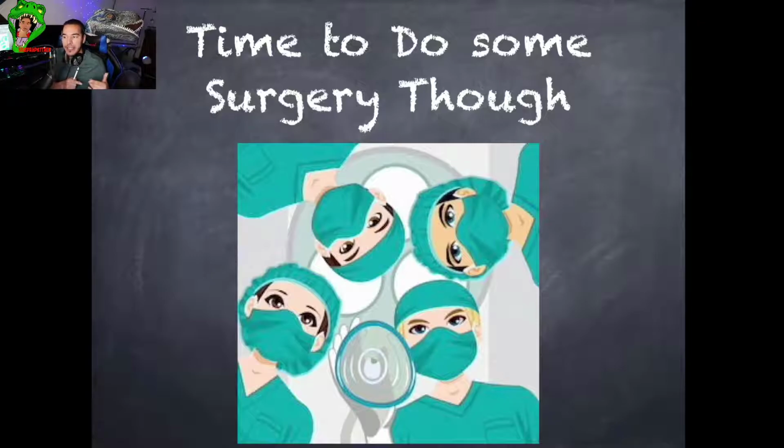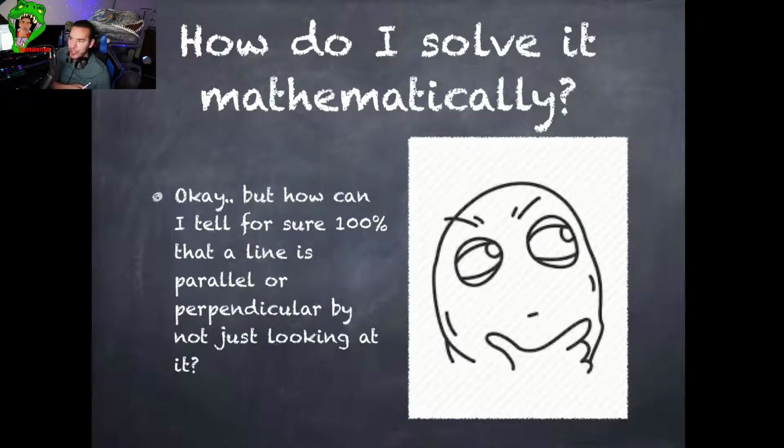Surgery means we're going to dive deeper. Now we're going to look more mathematical, not just with our eyes. We're going to actually solve them and figure it out, dissect it, get into the meat of it. So let's do some surgery. Surgery is, how do I solve it mathematically? You might be like, what? Everybody's favorite part, the math. But it's not hard, right?